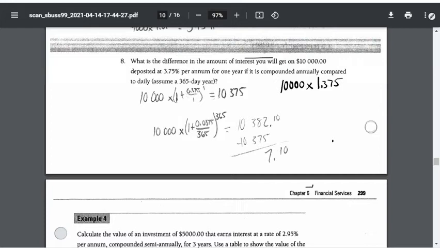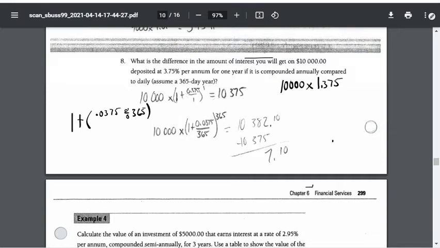However, if you compound it on a daily basis, what I did on my calculator is I went 1 plus, and then I did bracket 0.0375 divided by 365 because it's being done 365 times in the year.